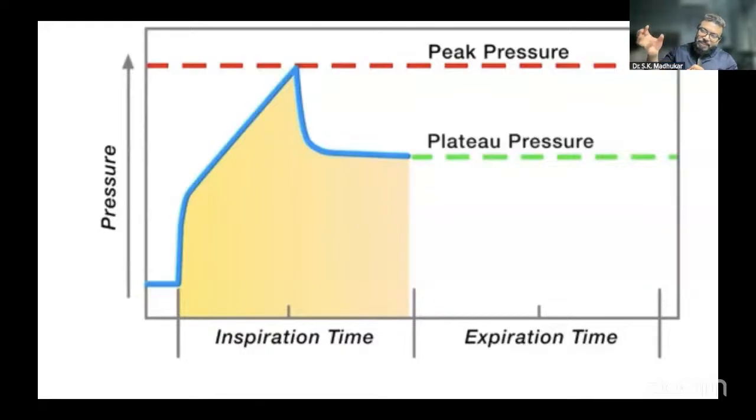Now, if there is intrinsic PEEP in the alveolus, the peak pressure is there. Now the pressure starts decreasing. And when that pressure becomes equal to the PEEP pressure or intrinsic PEEP, then there will be no flow because there will be no pressure gradient. And in the absence of flow, the pressure that remains is the plateau pressure.